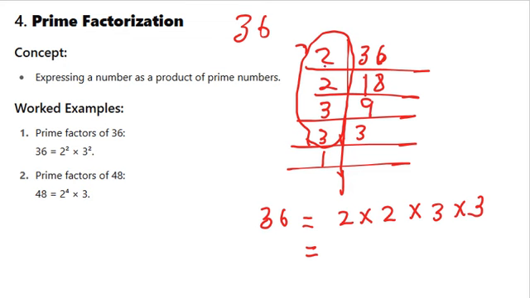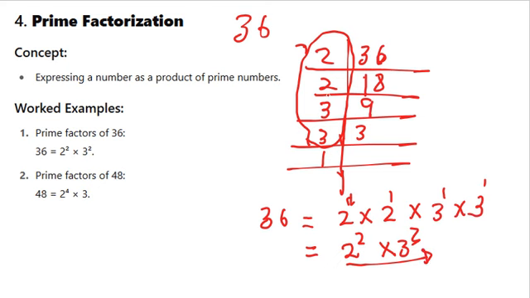You just took the same numbers that you have here. Then 2 times 2 is the same as 2 squared, because each has power 1, and when you multiply, you add the exponents. 3 times 3 is 3 squared. So this is the prime factorization.